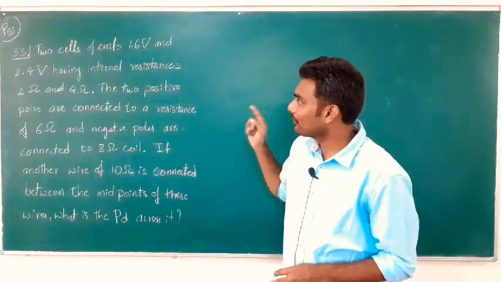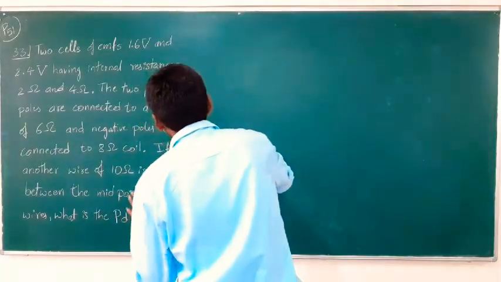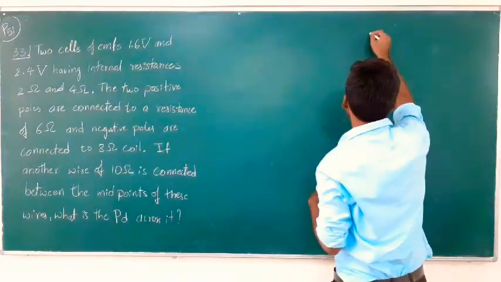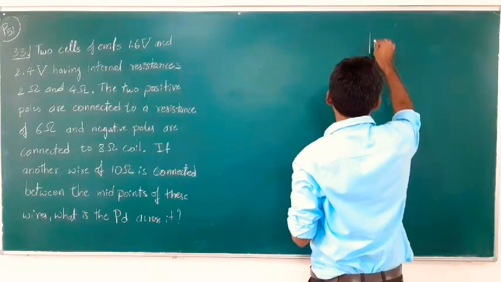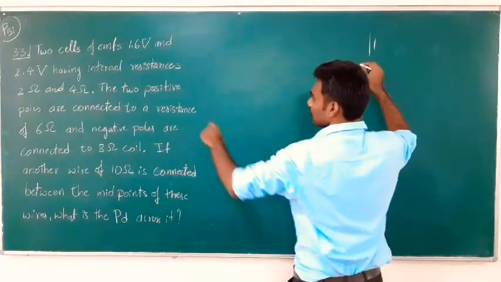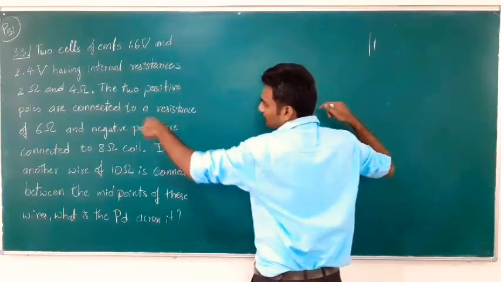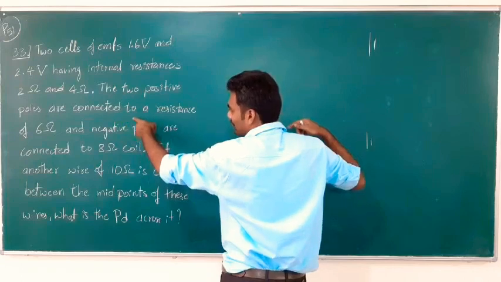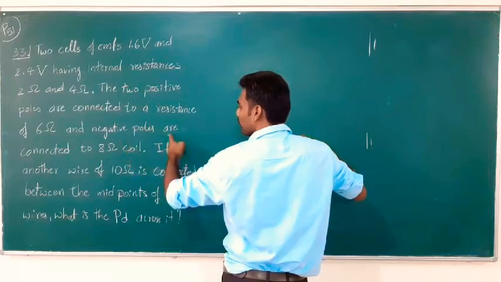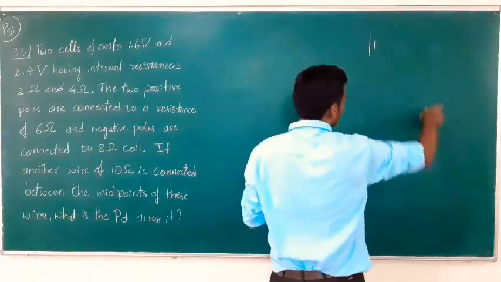First, we have two cells of EMF so and so, and so and so internal resistance, two positive poles of the cells. Okay, so here is one cell, here is the other cell. I could have kept it somewhere else, but the question says two positive poles of the cells are connected to a resistance of 6 ohm coil, and negative poles are connected, which means positive to positive there is a connection, negative to negative there is a connection.